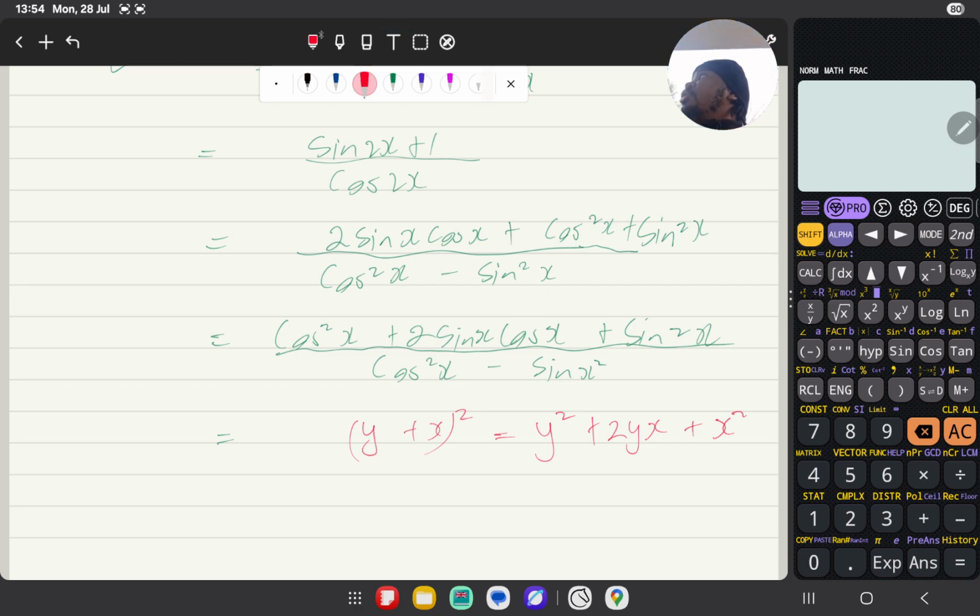So with that, I want you to look at this: x squared, 2xy, y squared, right? So you see, with that you already have all the clue you need.